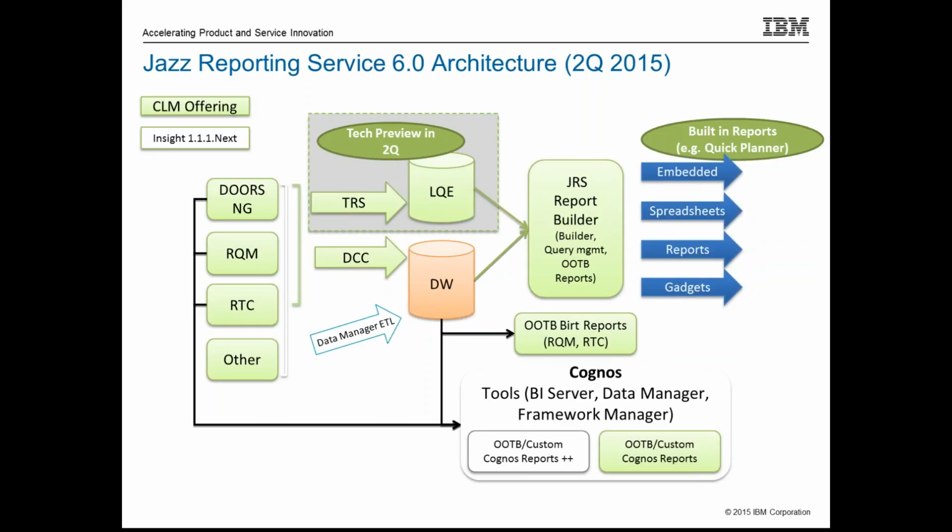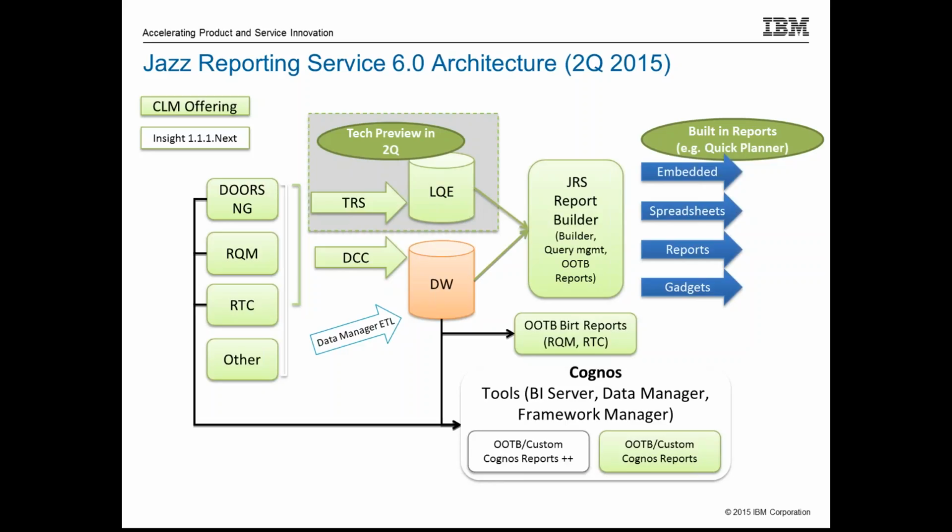Now, if you're using RRDI reports today, we have introduced Jazz Reporting Service as an iterative strategy, not a revolutionary strategy, meaning that I can actually put Jazz Reporting Service and Insight on the same server, obviously not collecting against the same data sources. The data in the data warehouse and that schema is still the same.